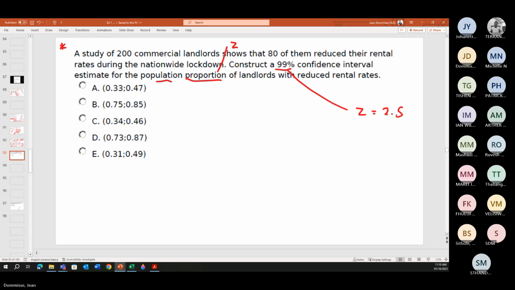If it was 95%, it is 1,96. And if it was 90%, it's 1,645. Okay, I always remember those two.